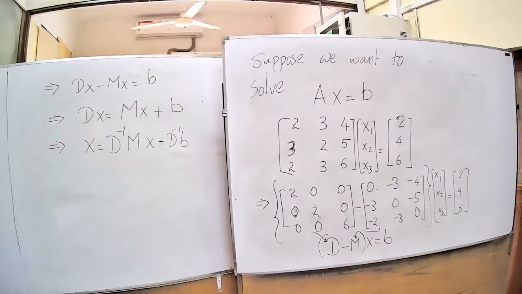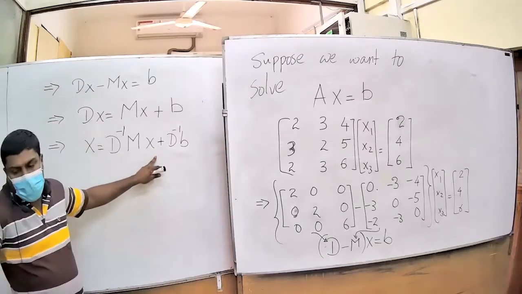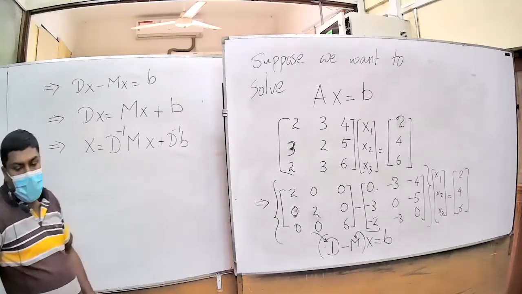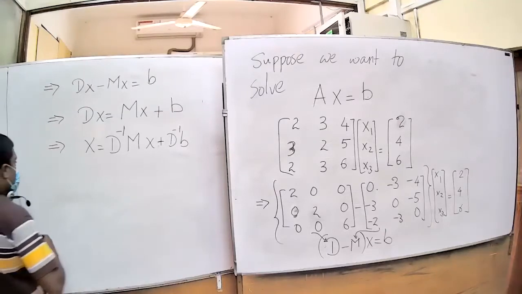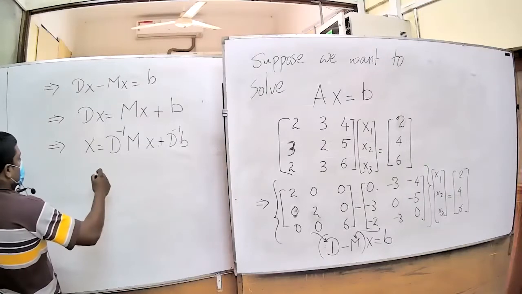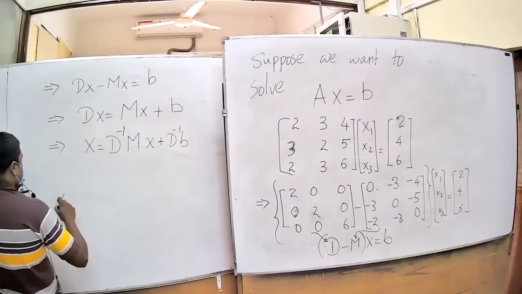Now you can see that you have X on both sides. You have an X here and an X here. So let me write it down.